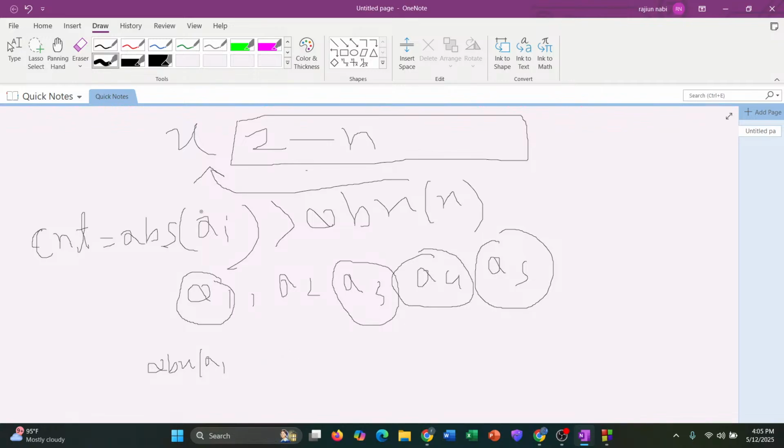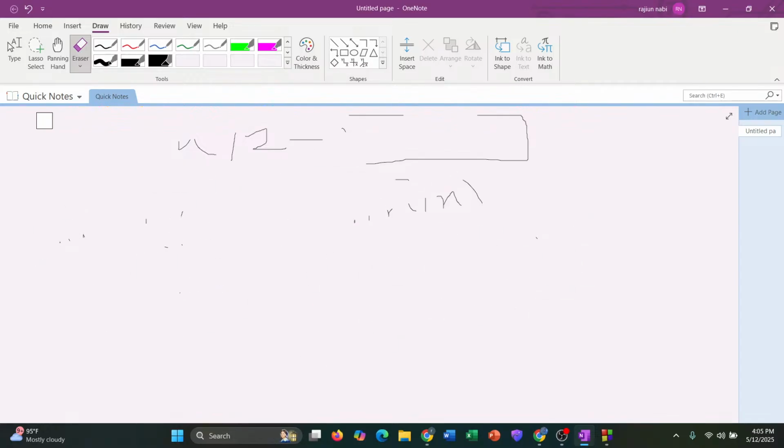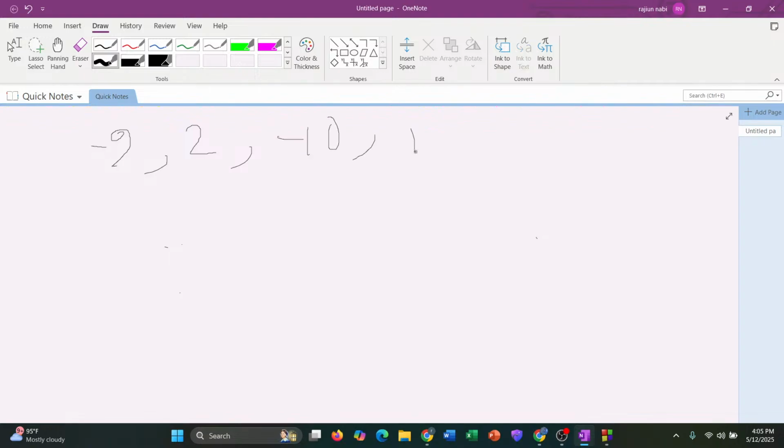Wait, let me explain it through an example; this will be better than using variables. Suppose the first element is -9, the second element is 2, the third element is -10 and the fourth element is 11.